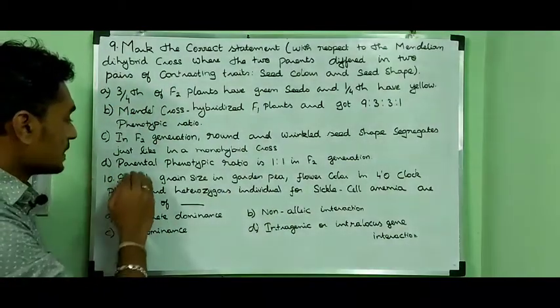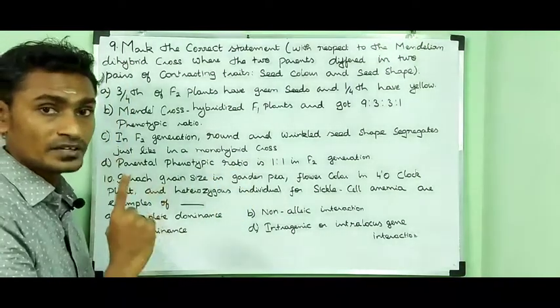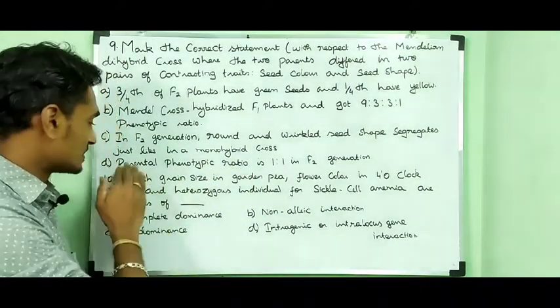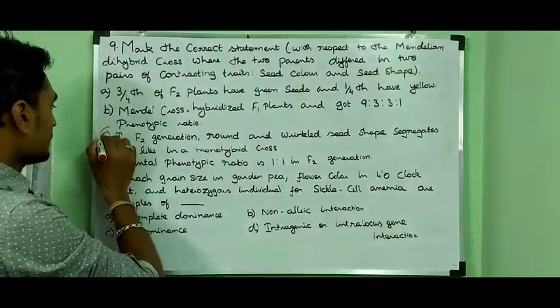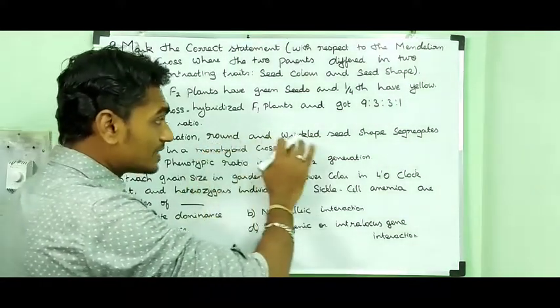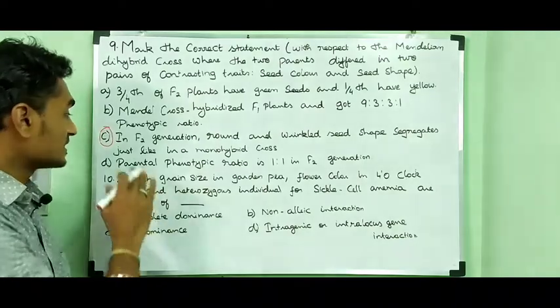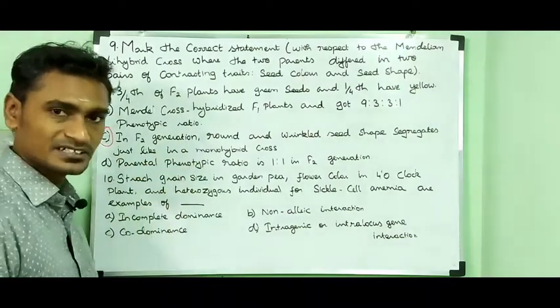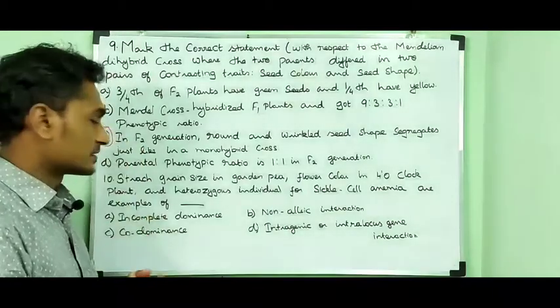Then option D: parental phenotype ratio is 1:1 in F2 generation. It is also a wrong answer. Option C: in F2 generation, round and wrinkled seed shapes segregate just like in a monohybrid cross. So option C is the right answer.